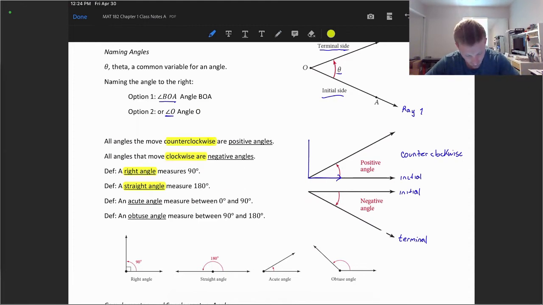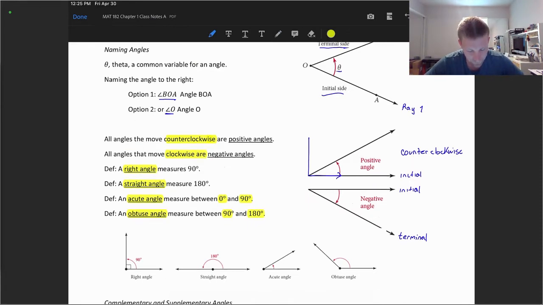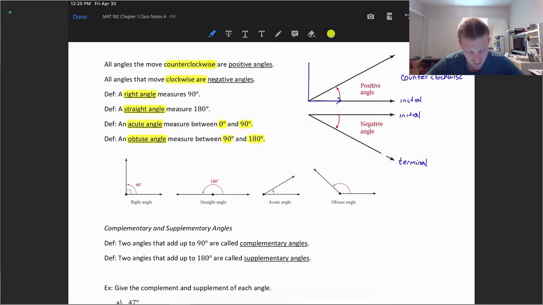They are always between 0 and 90 degrees. And then an obtuse angle is any angle from 90 to 180. So we have those specific angles that we want to keep in mind. Kind of a review from geometry.